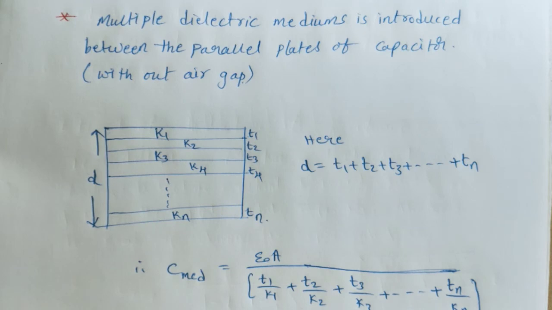Okay friends, till now we have placed only a single dielectric slab between the parallel plates of a parallel plate capacitor. Now we go for multiple dielectric mediums. Here I am taking many dielectric slabs, each having thicknesses t1, t2, t3, and so on up to tn, all placed between the plates of the capacitor.